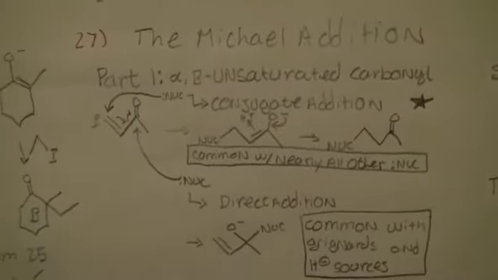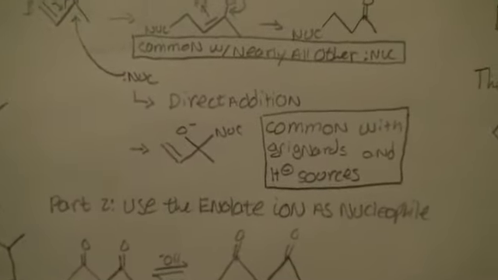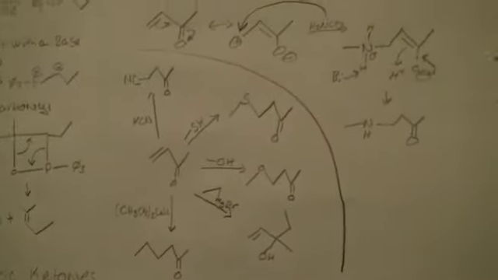And then you have to have this. And this guy can react, as we saw above, via conjugate addition, when the nucleophile attacks the beta carbon, and that's what we're using here. Or direct addition, which is what happens with Grignards or H+ sources, which we saw right there.